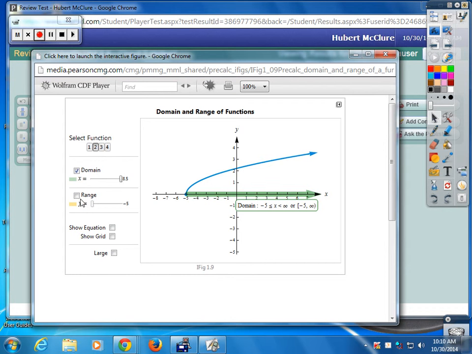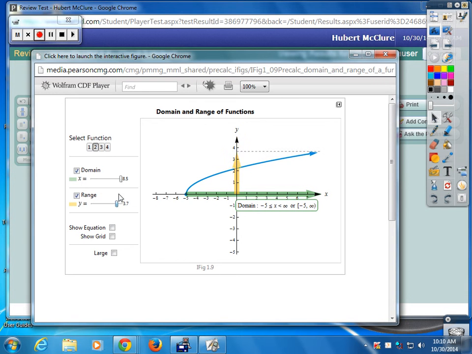All right, let's do the domain. It's not moving. Oh, there we go. Boom! It hits right there at the x-axis and what? There's your range, and it goes to what? Where does it go to? Infinity.